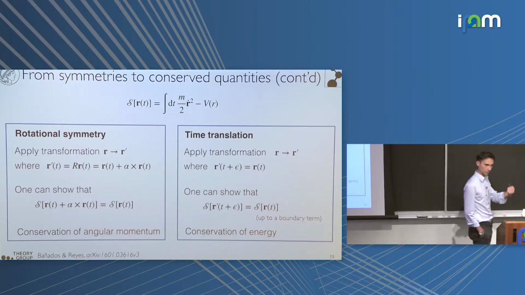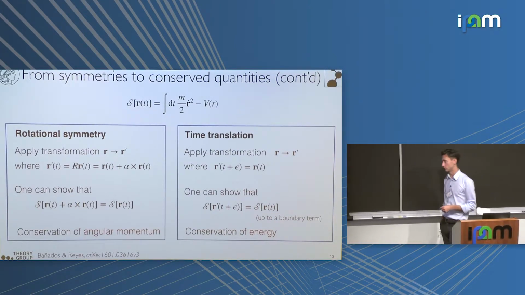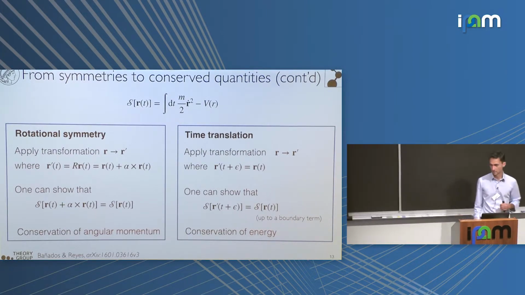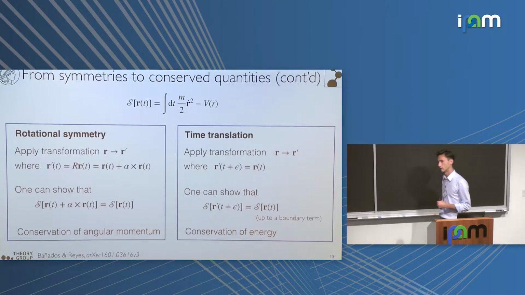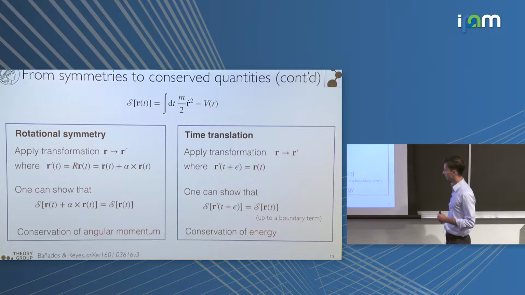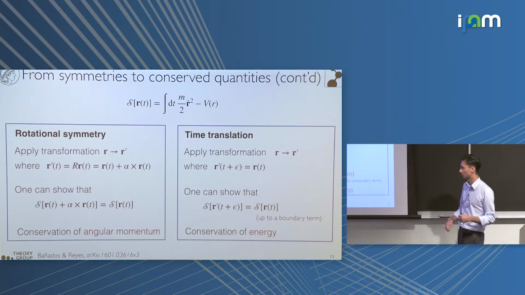So it's not exactly 0, but it's up to a boundary term, and then you can show that even with this boundary term, this leaves the action invariant, which means that even if you apply a time translation, the Euler-Lagrange equation does not change, and so you're solving the same system. You're solving the same problem. And then you can show, and I'm not showing the algebra, but it's relatively straightforward.